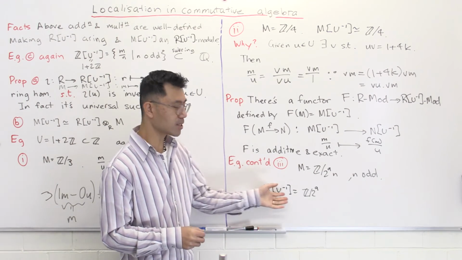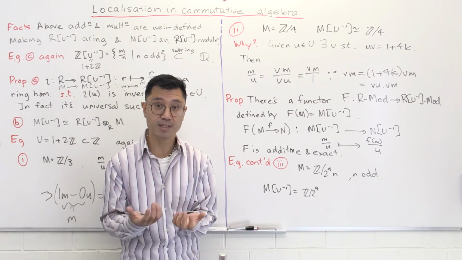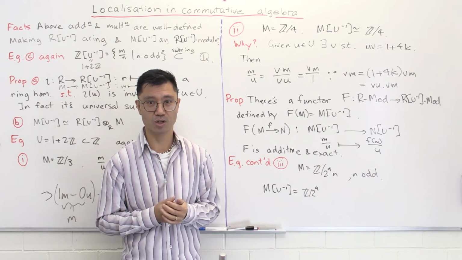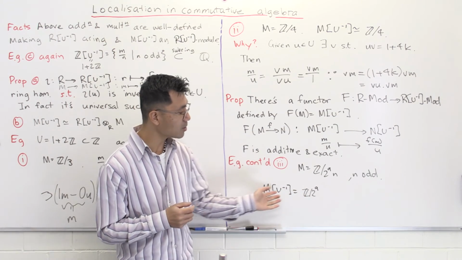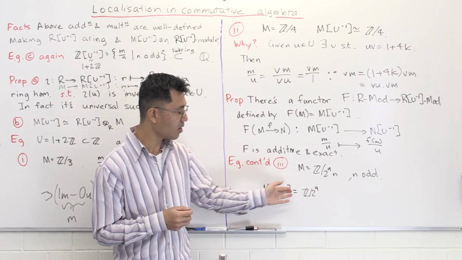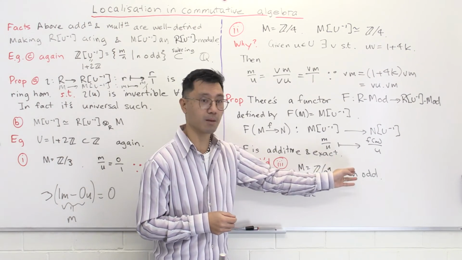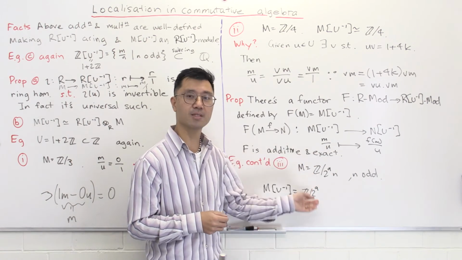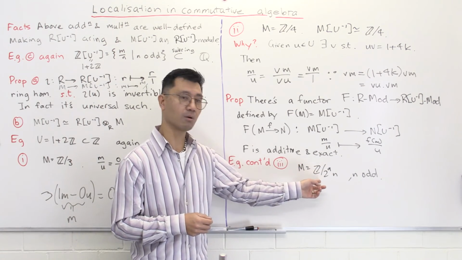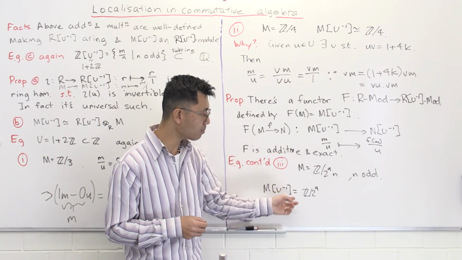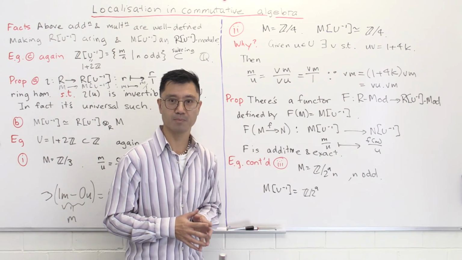So this is rather interesting, and it has an actual number theoretic interpretation of what goes on. When you localize this, you forget basically what's happening at odd primes. You just focus on what happens at the prime 2. That's why you only pick up this part here, Z mod 2 to the a.